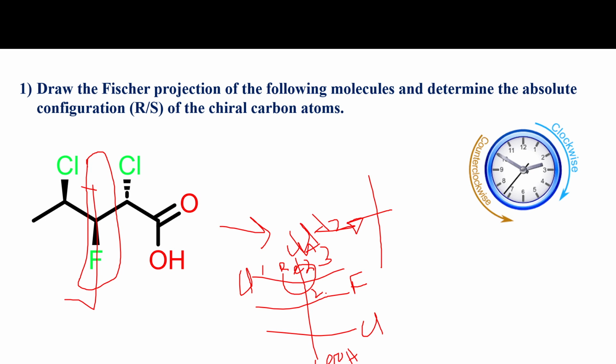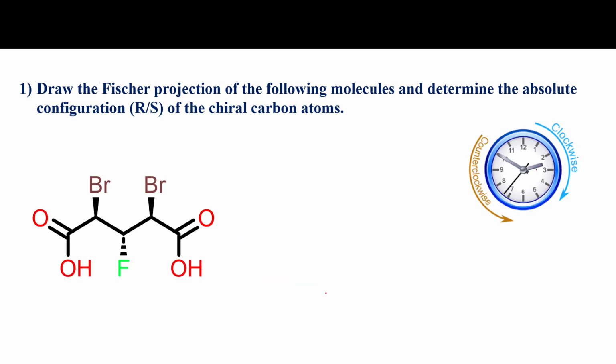The next we can do easily. Is this carbon a chiral center or not? These are not chiral centers. You put the sigma plane from here. So is that not a chiral center? But these two are chiral.